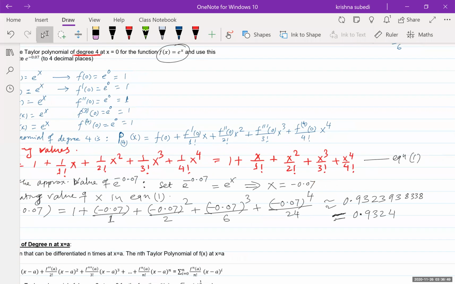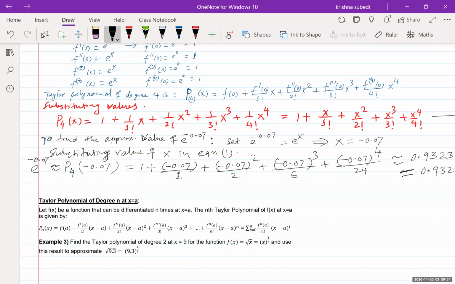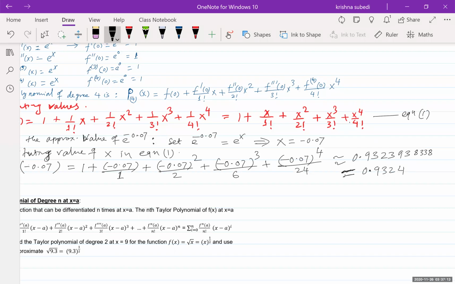Okay, that's what we got. What it means is e raised to power negative 0.07, by using this polynomial, we change this e to the x into that polynomial and we substitute the value. That's what we got. Now we want to check whether this value is actually true.